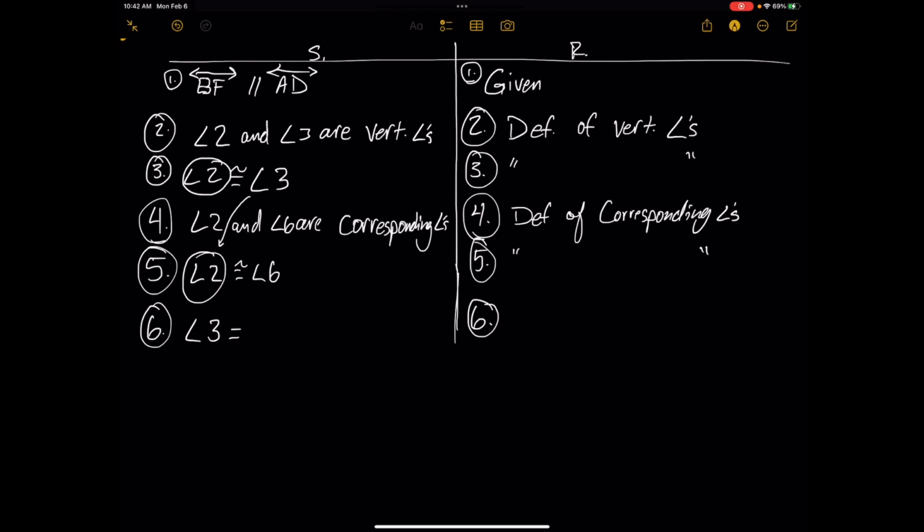Yeah, we would do the substitution thing this time, not the subtracting thing. Or you could also say it's the transitive property of congruence, because congruence has a transitive property just like equality does.